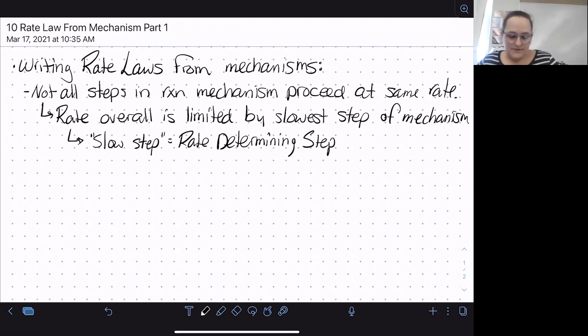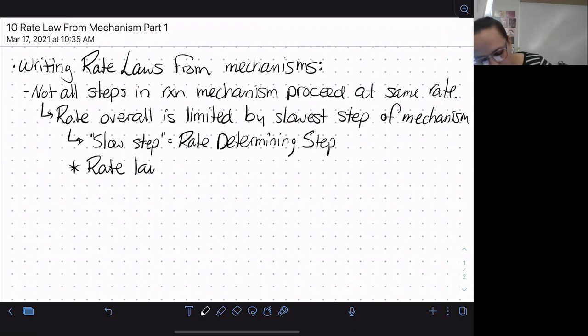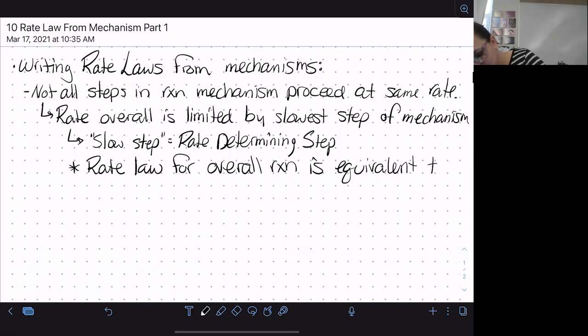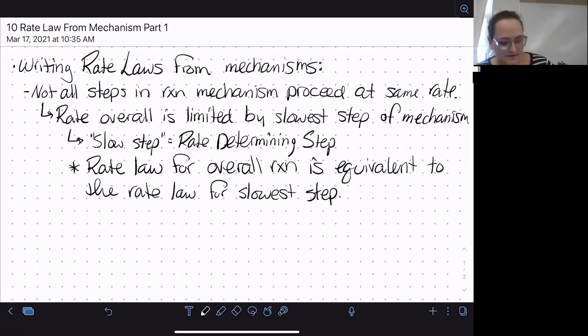So what this means for us is that the rate law for the overall reaction is actually equivalent to the rate law for the slowest step, for the rate determining step. So if we look at a mechanism, we can use that to write our rate law.